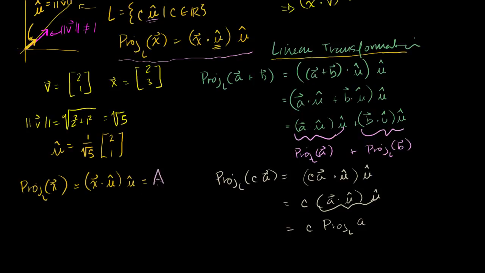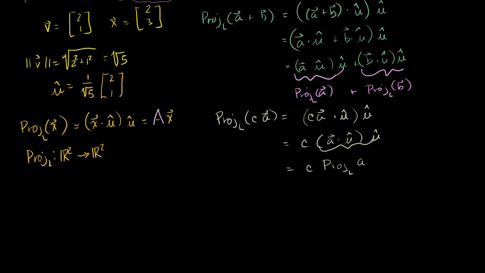I want to write it as a product of some matrix times x. And just to simplify things, let's limit ourselves to the case of R2. So I'm assuming that my projection onto L is going to be a mapping from R2 to R2. But you could do what I'm doing here with an arbitrary dimension.